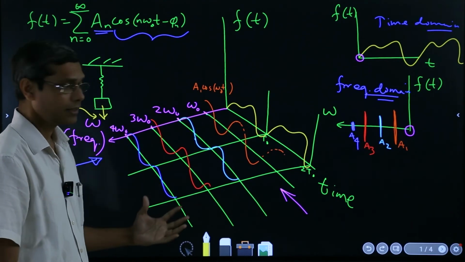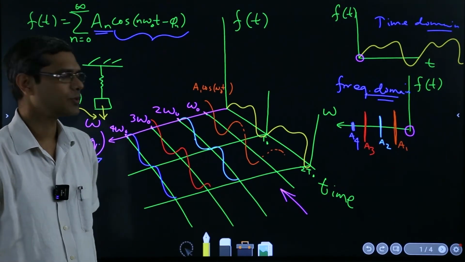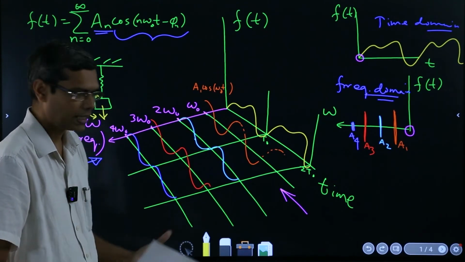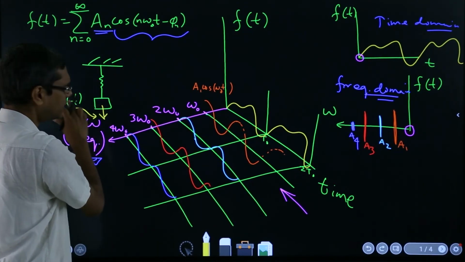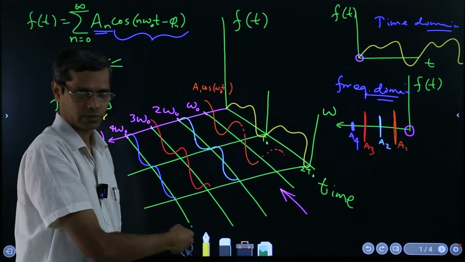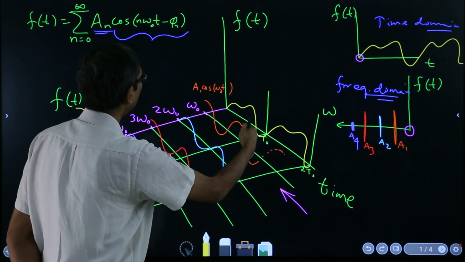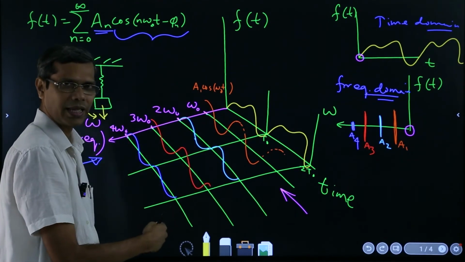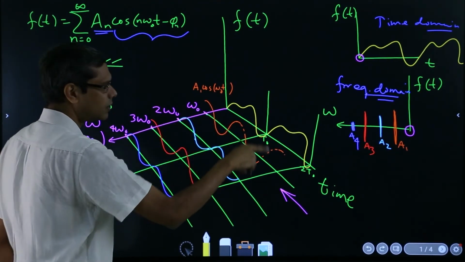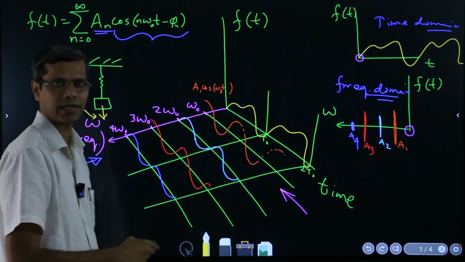When you think in terms of the frequency domain, what you should be thinking is to split this force into its harmonics, or the sinusoidal components, and then apply these individual harmonic functions as excitations.